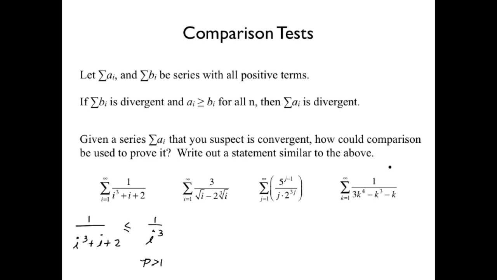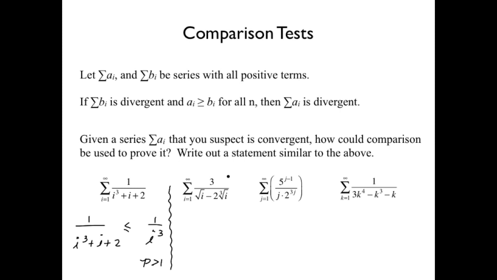Okay, what about this next one? 3 over radical i minus 2 cube root of i. First of all, do you suspect that it's convergent or divergent? I heard convergent. People are saying convergent.